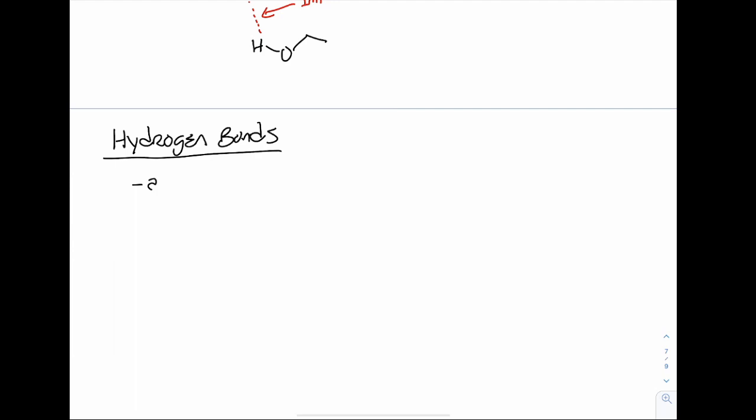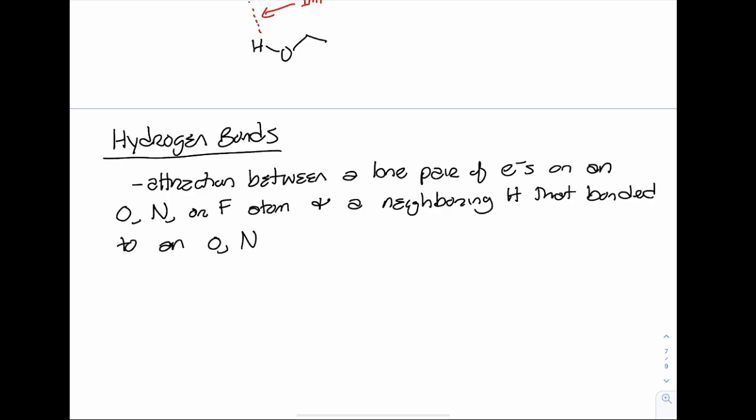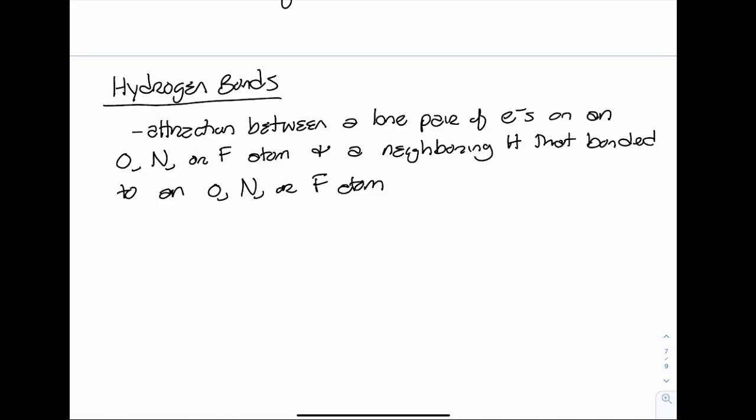So this is the attraction between a lone pair of electrons on an oxygen, nitrogen, or fluorine atom and a neighboring hydrogen that is bonded to an oxygen, nitrogen, or fluorine atom.